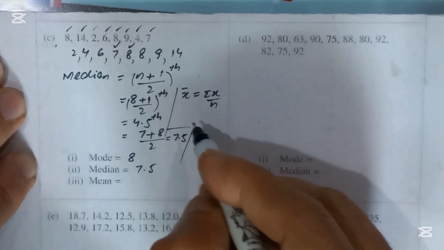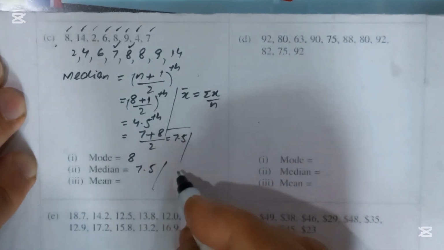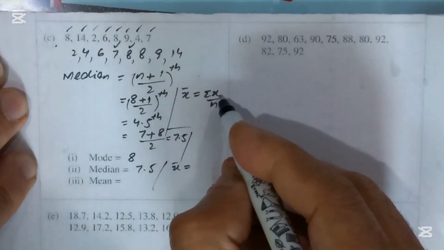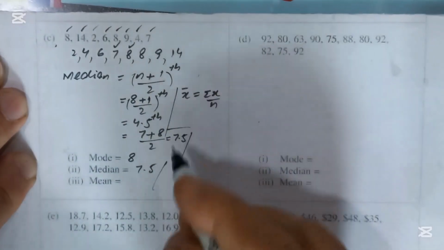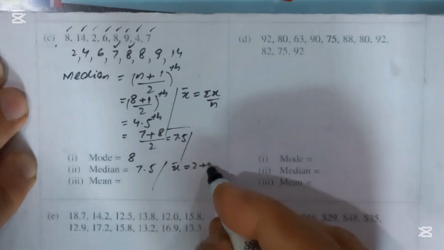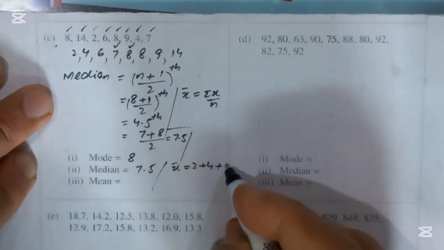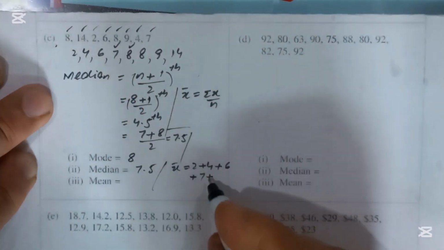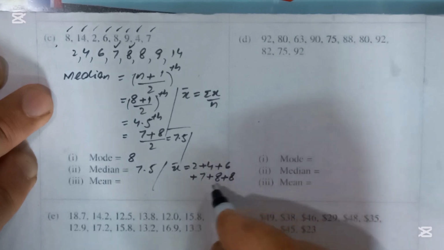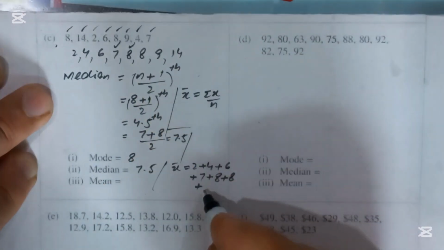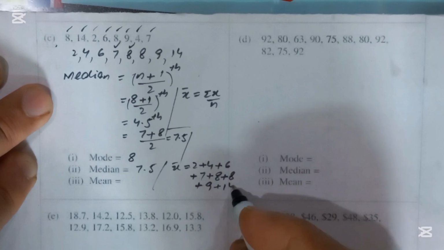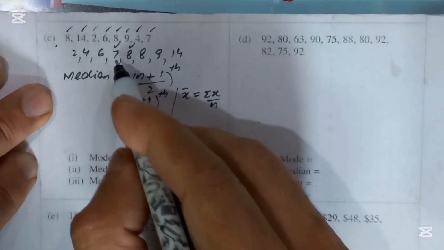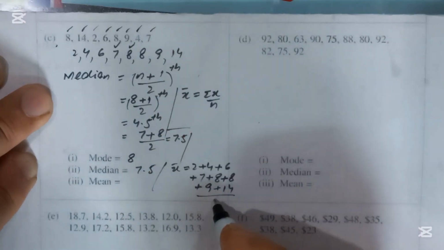Summation x stands for the sum of all the values, so that is 2 plus 4 plus 6 plus 7 plus 8, 2 times 8, plus 9 plus 14, divided by n, the number of terms. So 1, 2, 3, 4, 5, 6, 7, 8 terms are there.